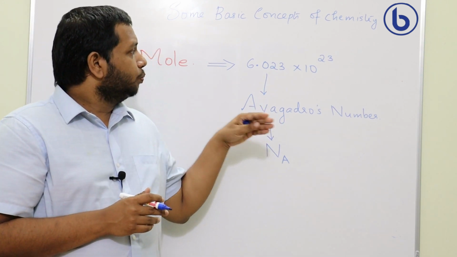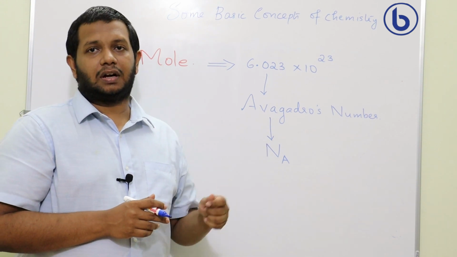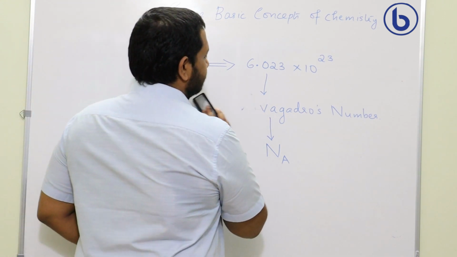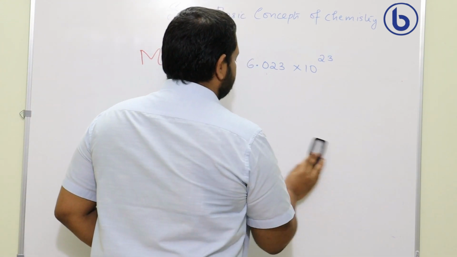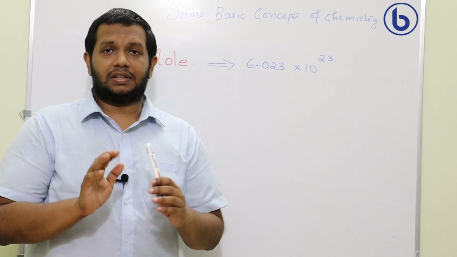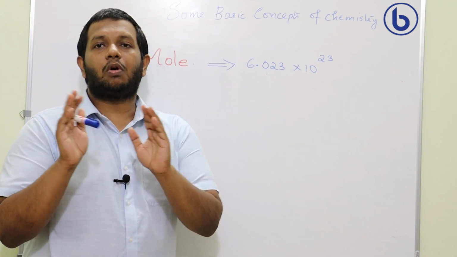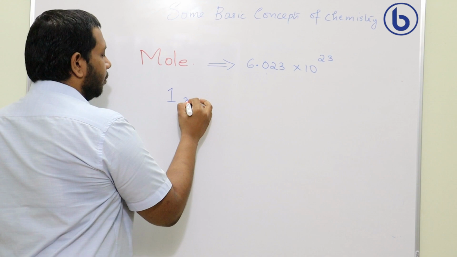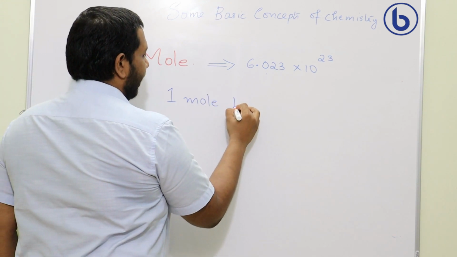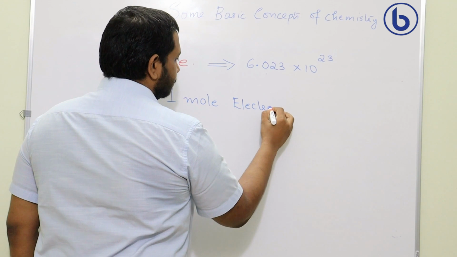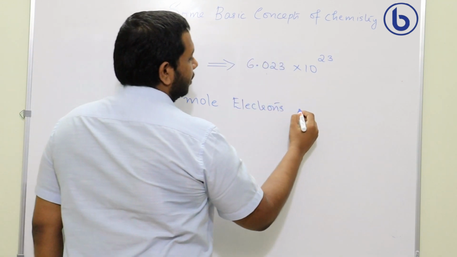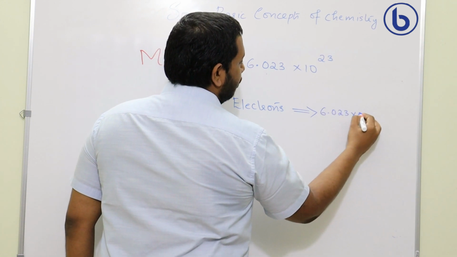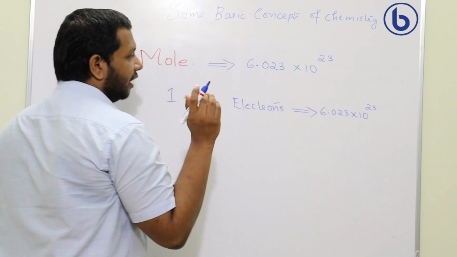Now we will try to put this term in different ways. I am going to give some examples. If I say that you have 1 mole electrons, what does that mean? This means you have 6.023 into 10 power 23. Can I stop here?